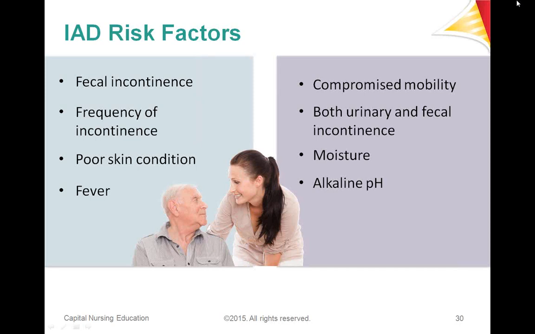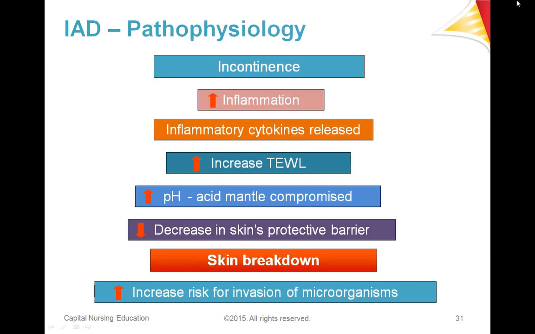If patients have poor skin condition to begin with, or if they have hyperthermia, we know that with temperature, if you think about some of the patients that you might have seen in the intensive care unit, frequently these patients that are very, very diaphoretic, their skin breaks down very, very quickly. So moisture, certainly coupled with fever, as well as alkaline pH, is a big issue.